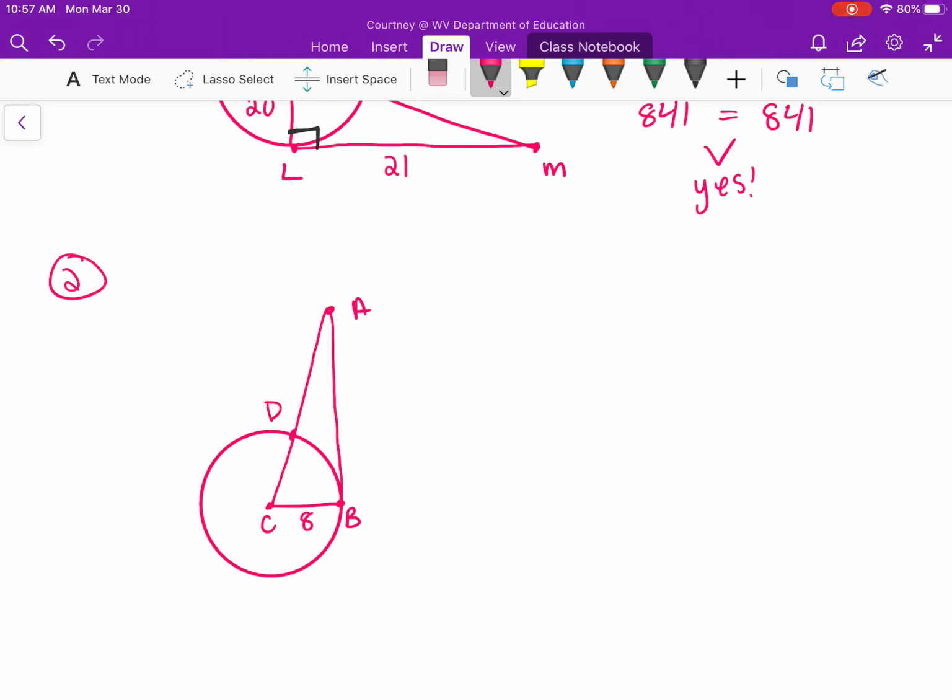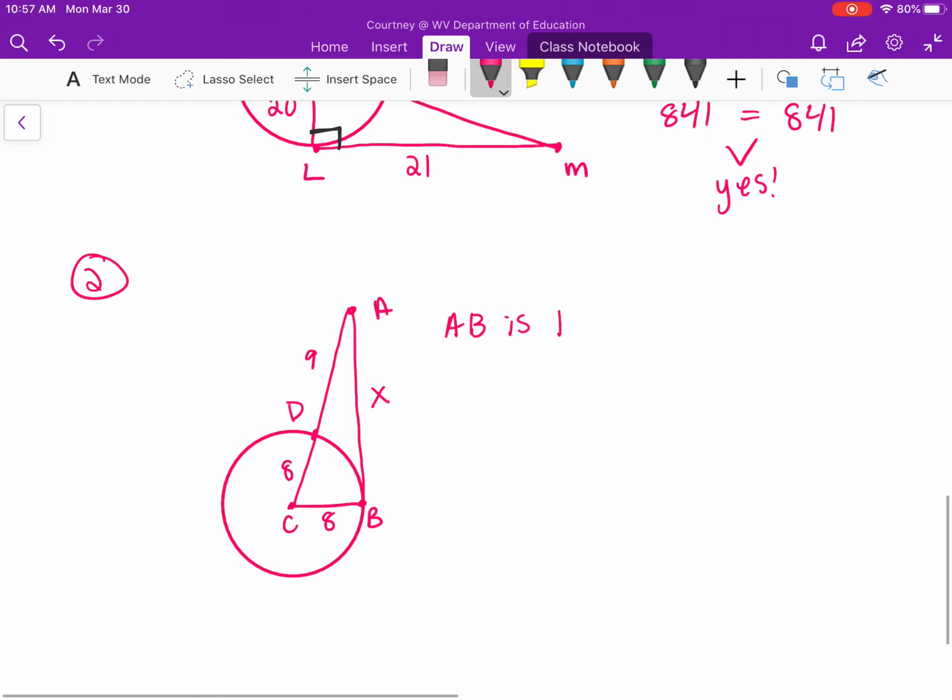This is point D, and DC is another radius, so that's 8 as well. From D to A is 9, and the tangent line is X. So if AB is tangent to the circle C, then we need to find X.